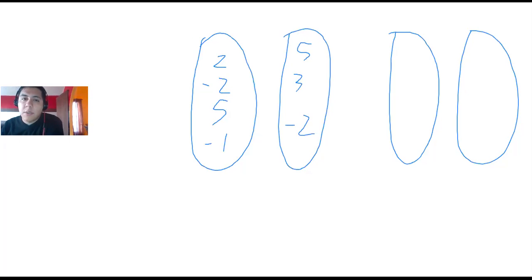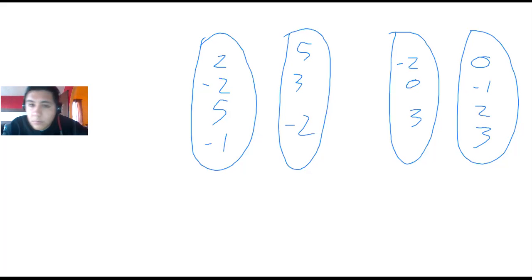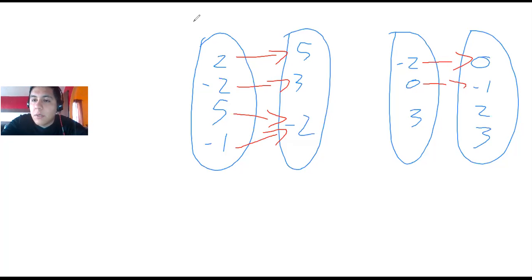Let's say the other one is going to have -2, 0, 3, 0, -1, 2, and 3. So I'm going to draw corresponding lines right here. And let's see, -2 goes with 0, 0 goes with -1, and then 3 has 2 values.